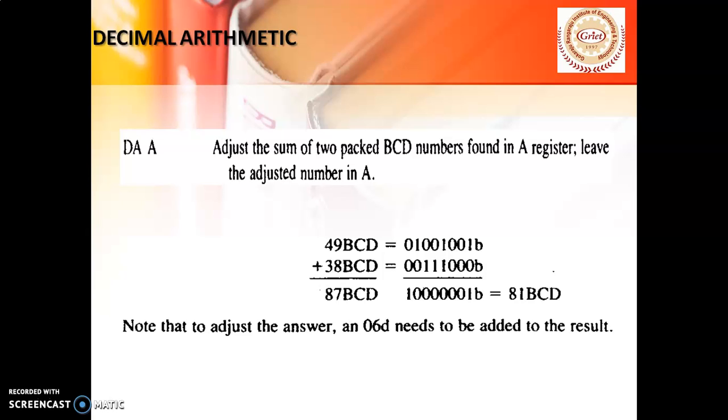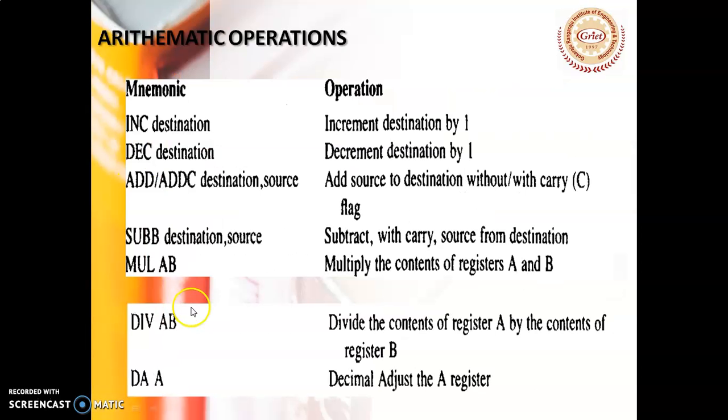So this is a BCD code. That is nothing but your decimal adjust accumulator instruction. There is only one instruction, that is DAA, decimal adjust the accumulator register.